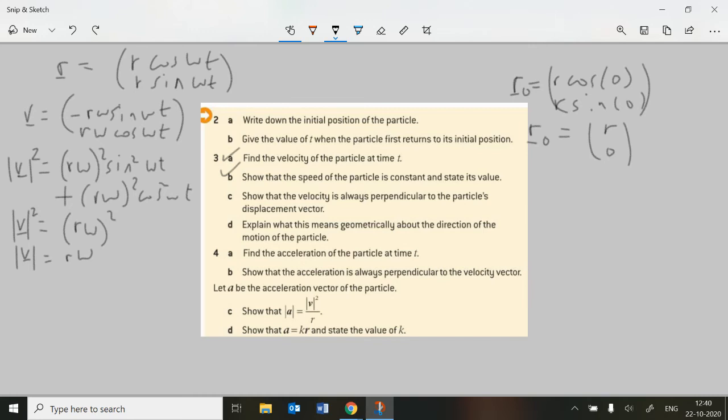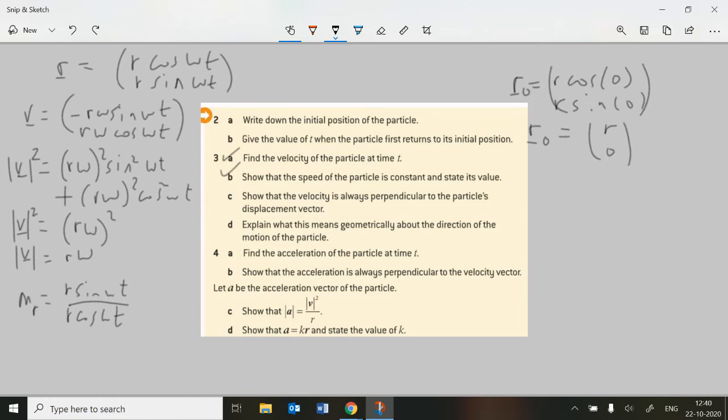Now, I think there's a couple of ways of doing this. You could work out the gradient. Let's do the gradient of r, and that's going to be r sine omega t divided by, so change in height divided by change in distance across, r cos omega t. So that's going to be the gradient of r.